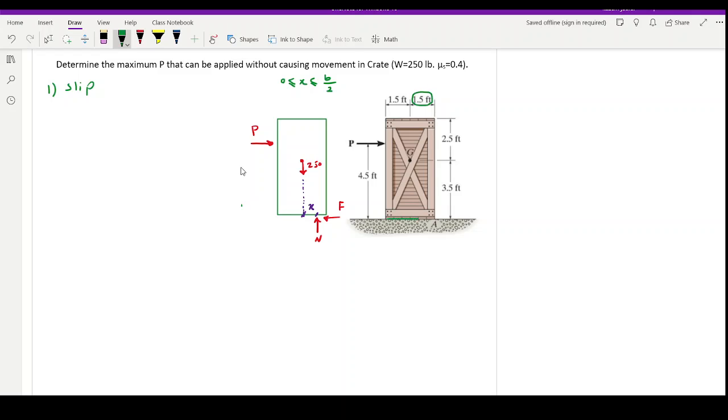The b is the width of this crate. That means that if we calculate x, and x is between 0 and 1.5 feet, then it's going to slip.